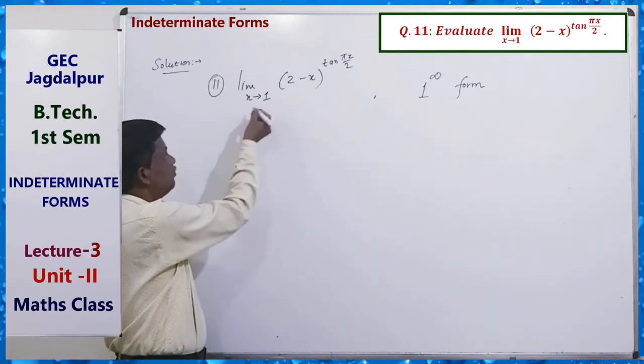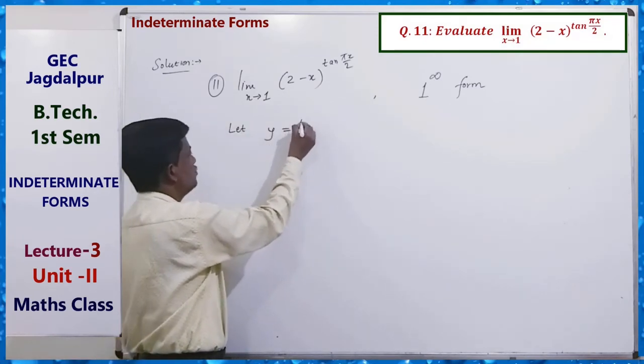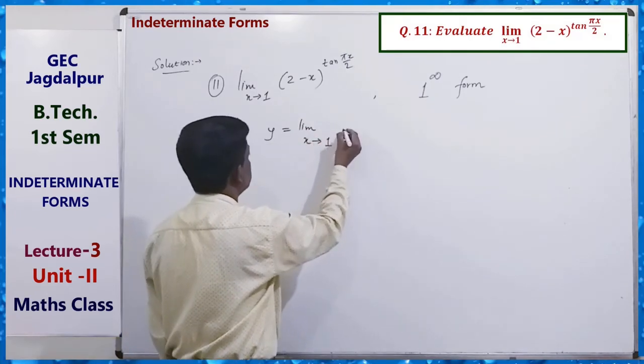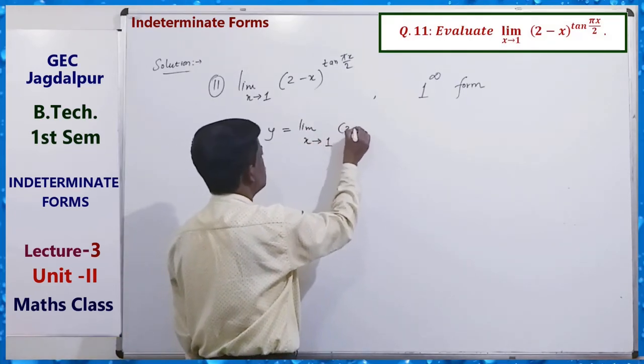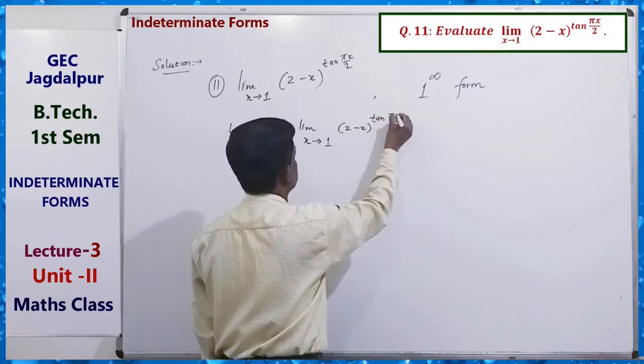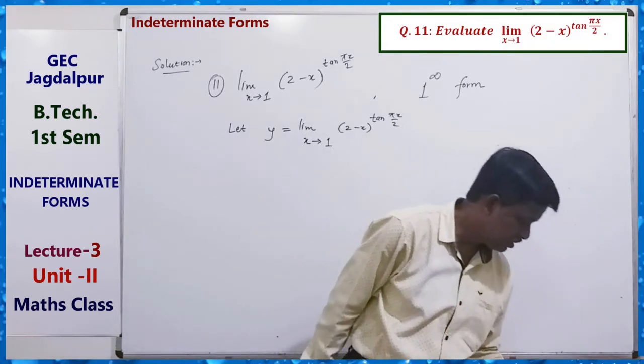Okay, so let y equals to limit of x tending to 1, (2 minus x) power tan (pi x by 2).